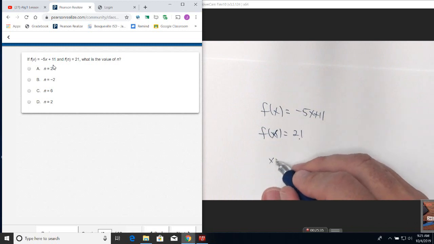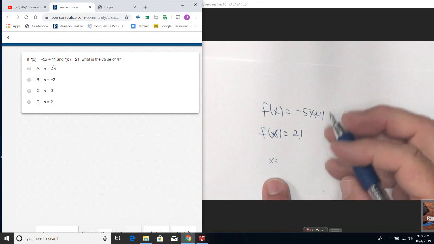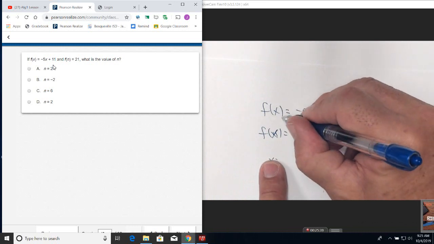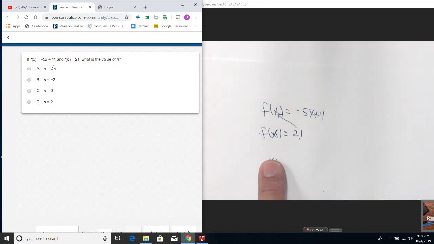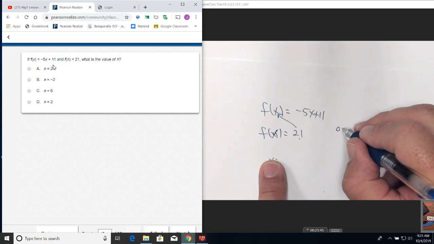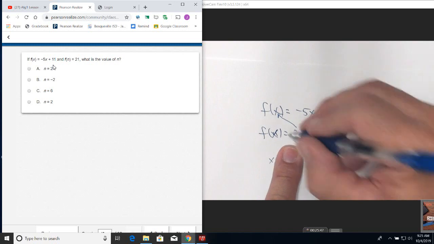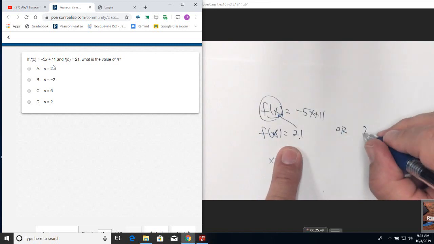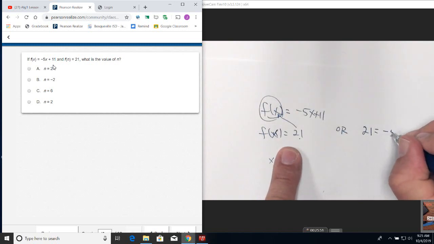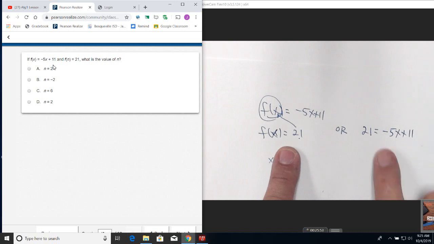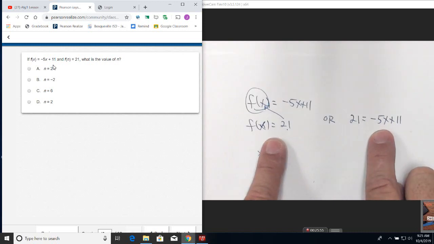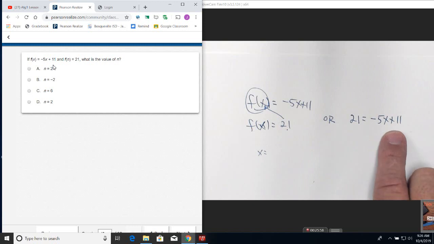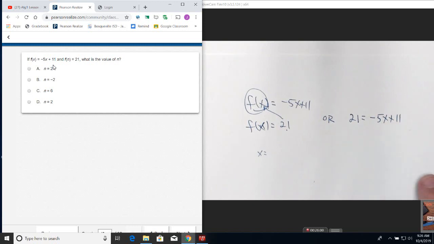What it's really saying is what would x be? So what did you plug in for x to get an output of 21? To clean this up, another way of writing this is if f of x is equal to 21, what would your input value be to give you that if you multiply negative 5 times that input value and add 11 to it to get 21? So what would that input value be?